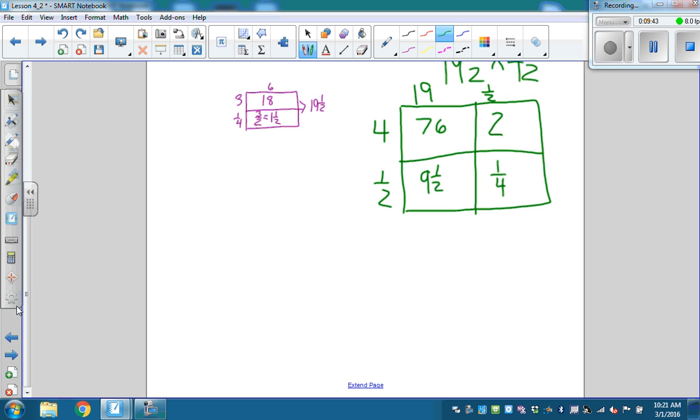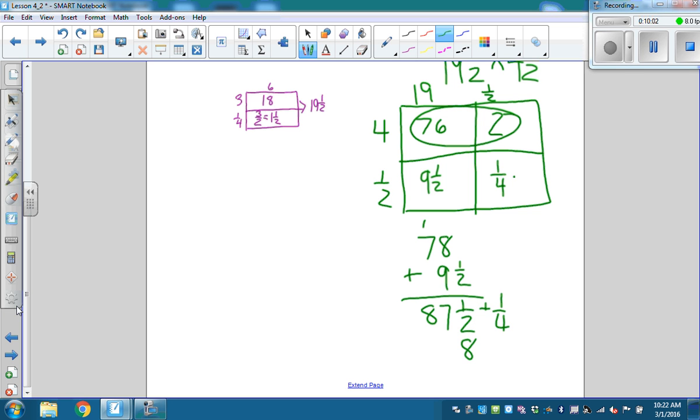Adding all of this together, that makes 78 plus 9 1/2, 87 1/2, plus 1/4 equals 87 3/4.